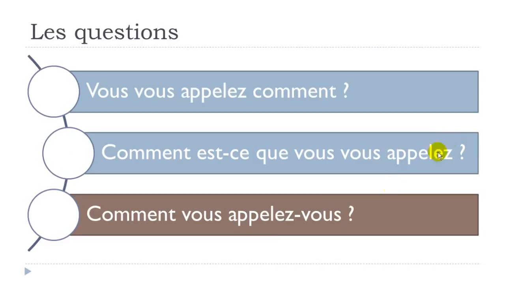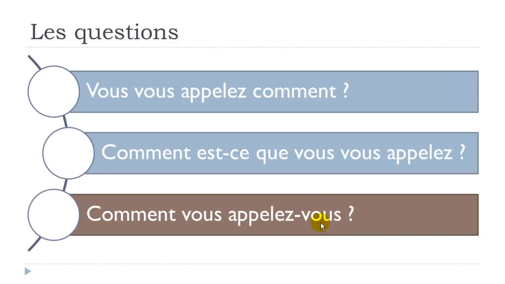Okay, and then the last one. The last one, the more formal one, as usually we start with the question, comment, how, okay? And then here you will have this vous, and then you will have the verb, appeler, and then you will have the vous here.